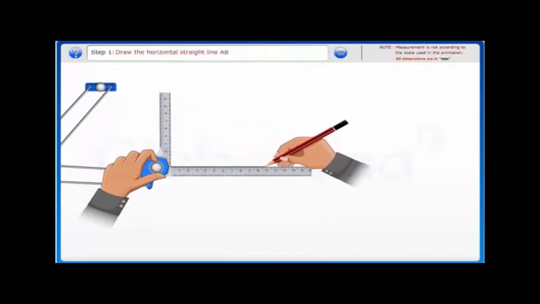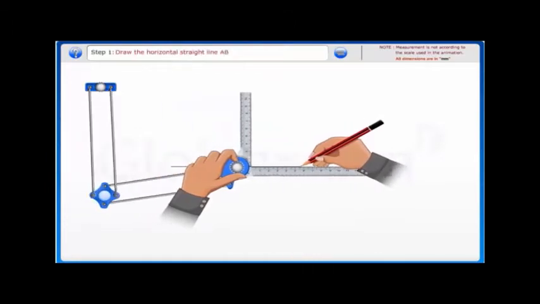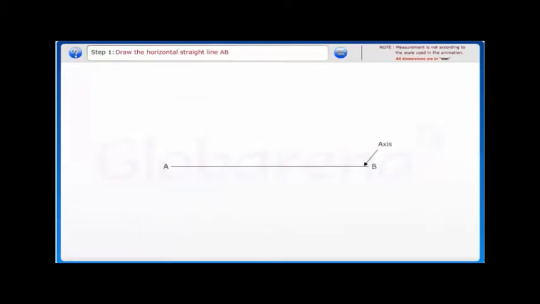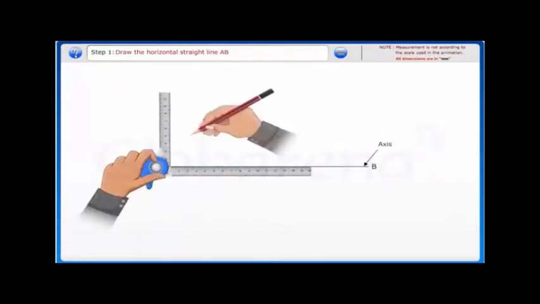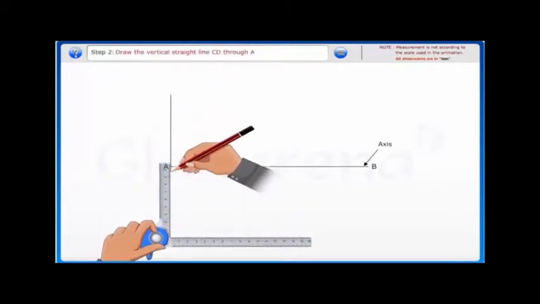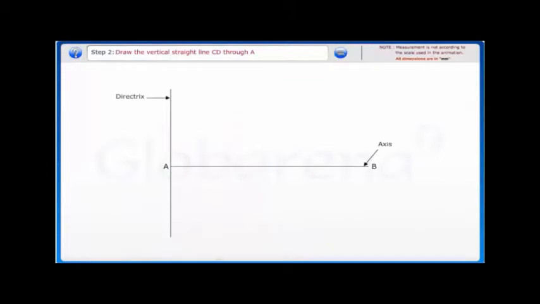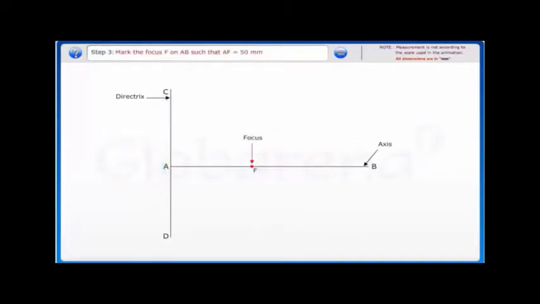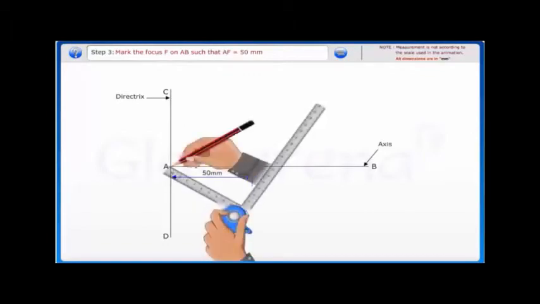Draw the horizontal straight line AB. Draw the vertical straight line CD through A. Mark the focus F on AB such that AF is equal to 50 mm.